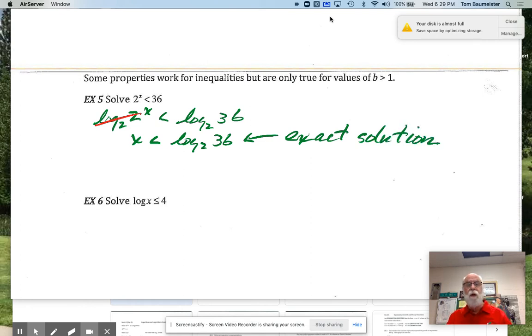If they ask you what the exact one is, you have to leave it in log form. If they say to round it to the nearest something, you would then plug it in. And this one here, I used 5.170, and that would be your approximate solution.